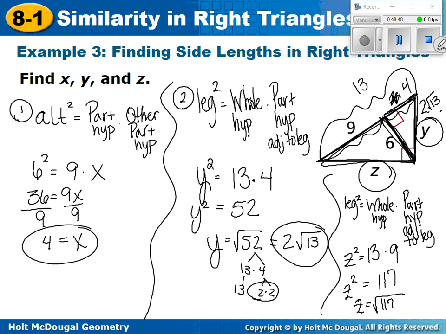And again, if you forget, just go right back up. They've got it factored for you. So z equals the square root of 117. That factors into 13 times 9. 9 factors into 3 and 3 times 13. Pair of 3's comes out front. So we're left with 3 square roots of 13. Questions?